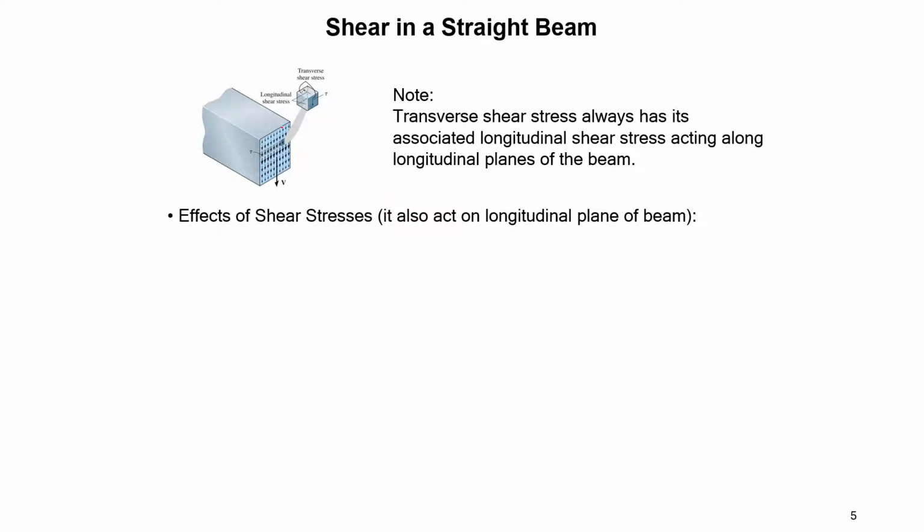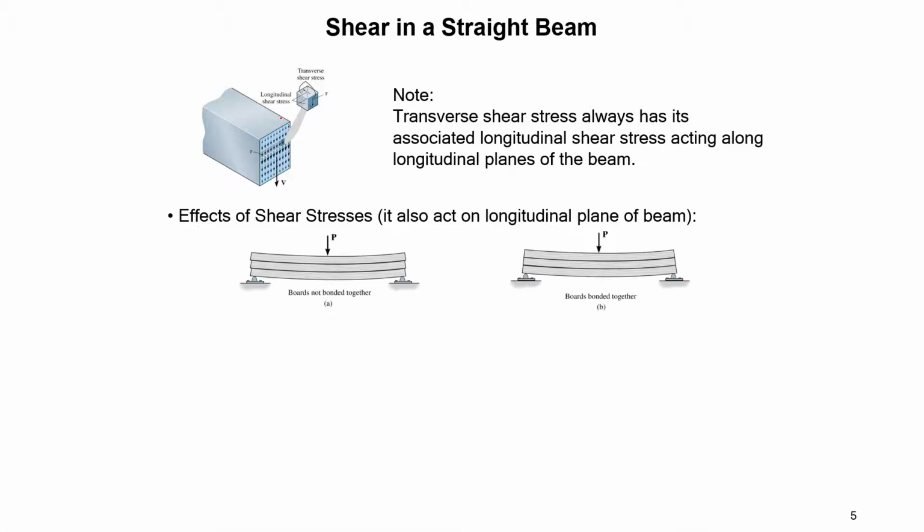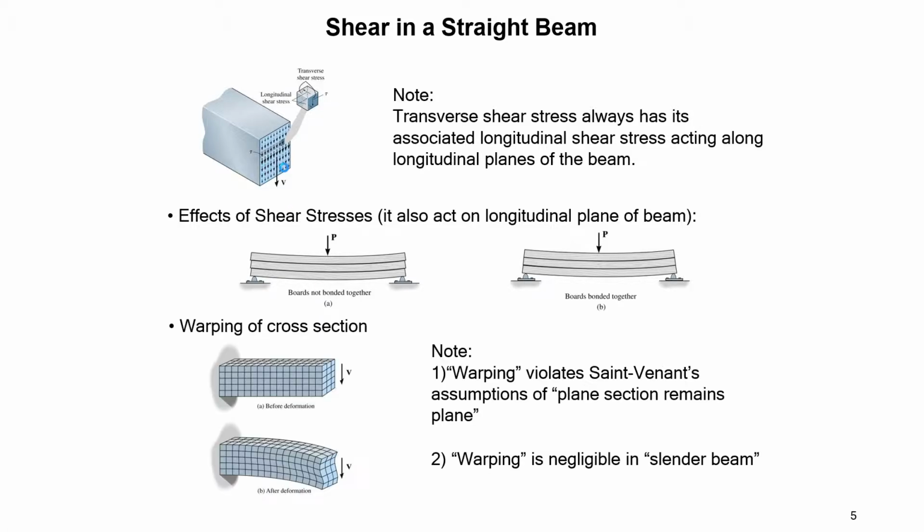Okay, so let's come to the pictures. If we have a vertical force, then it's highly likely we generate the shear stress across the section with a nonuniform distribution. And how are we going to quantify that? We've mentioned that already. The board, if it is bonded or if it's not bonded, there are different effects. Particularly if they are not bonded, we'll see this sliding effect due to the shear stress.